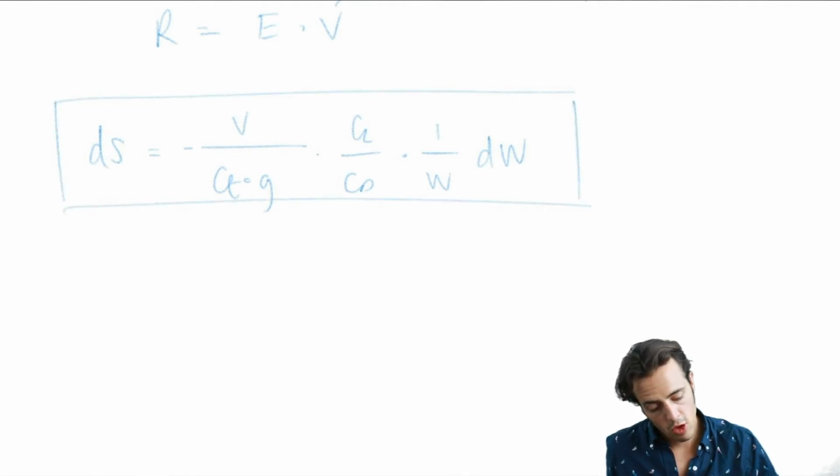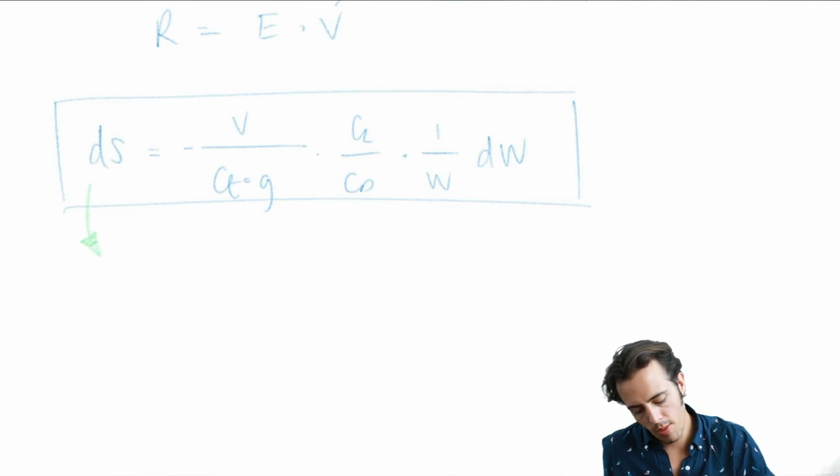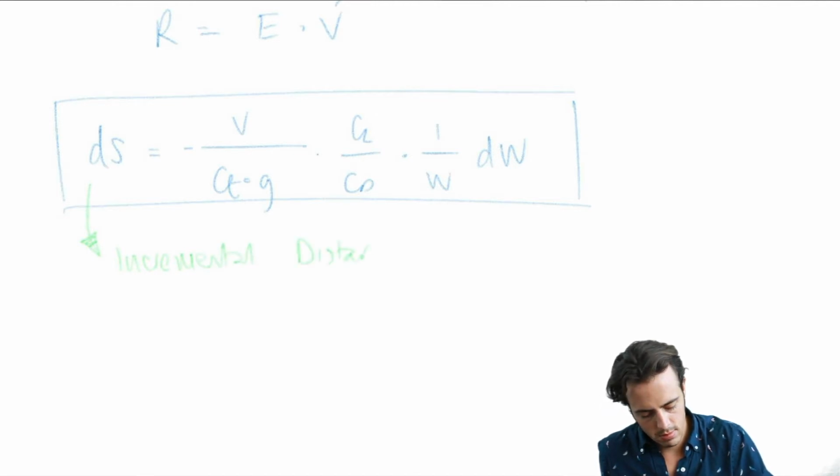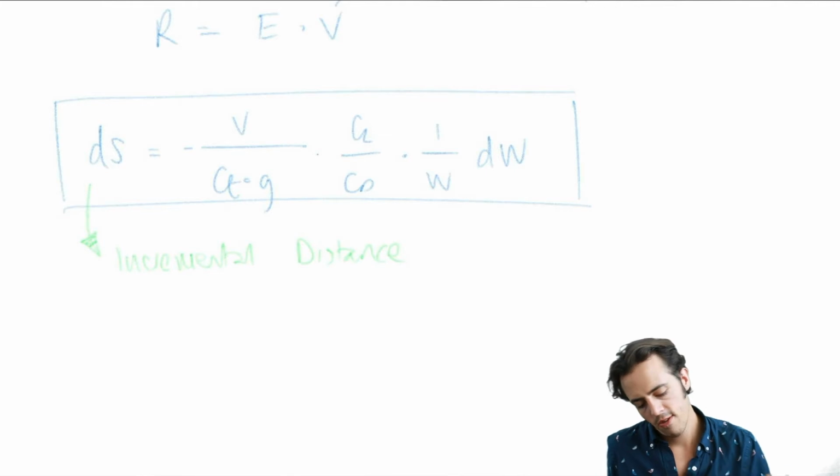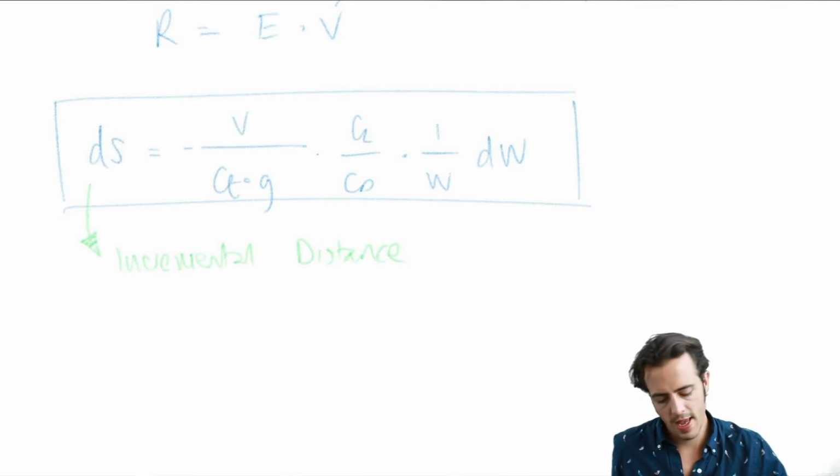So ds is a new parameter we've just come up with. So this is the incremental distance during a flight for some given speed, which is V.